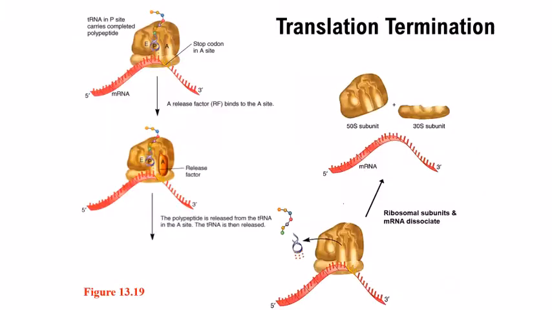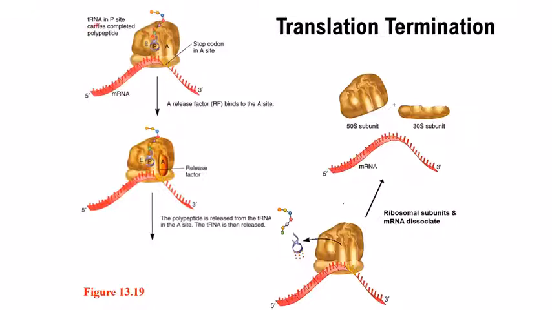This slide explains the termination of translation. At the first point in this particular image, we have a ribosome. The protein synthesis is being carried out on this ribosome. Here we have a tRNA molecule at the P site which has a polypeptide chain attached to it.